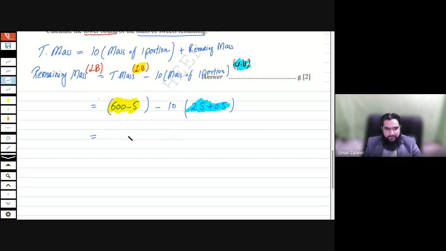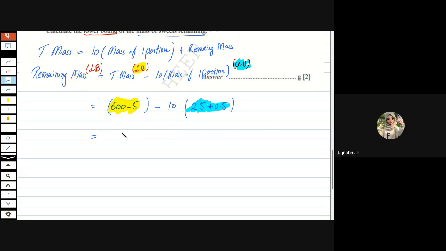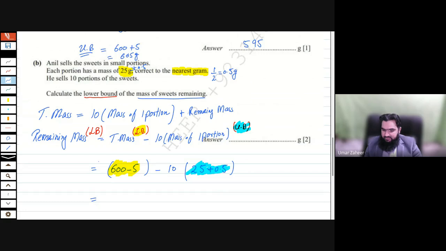Sir, why is it 0.5 here? Because he says that each portion has a mass of 25 grams correct to the nearest gram, means nearest 1 gram. This means that half a gram can be more or half a gram can be less. So that's why here I have to write plus minus 0.5.